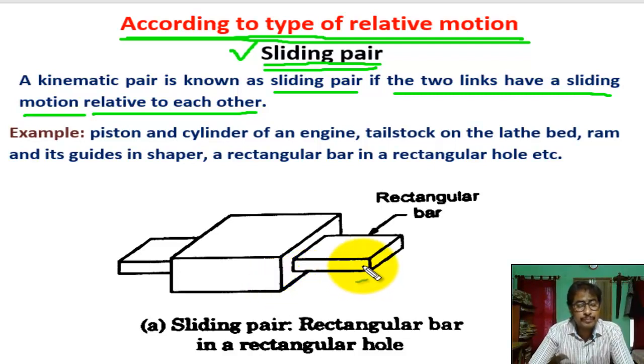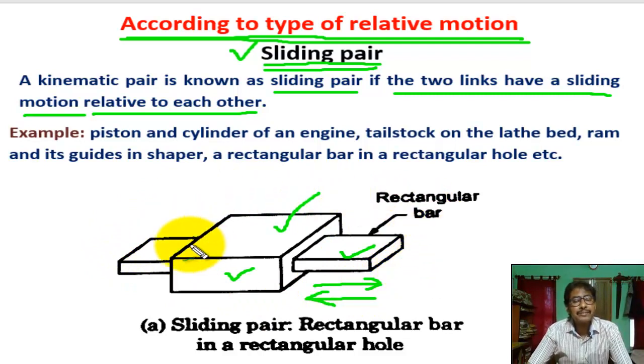Rectangular rod inside this rectangular hole having sliding motion, means in this way and in this way, relative to each other, relative to this link and this link. So this is a sliding pair.